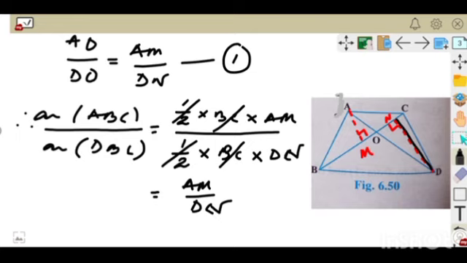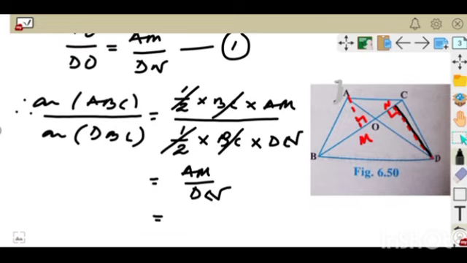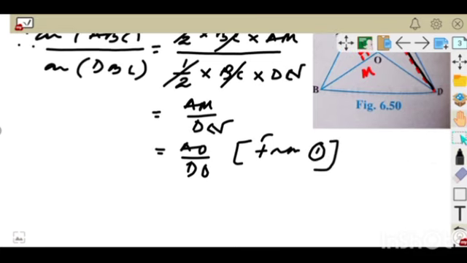Now in place of AM by DN, I'm going to write AO by DO, and you can write here from 1. Below this, let me write hence proved.